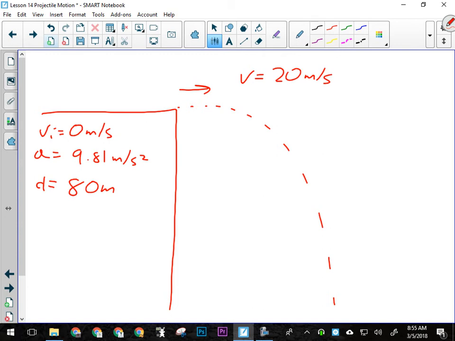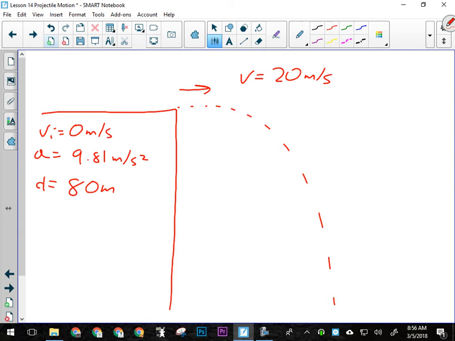What are some things I could find right now, just with the information I have? I could find the time. If I can figure out how long they're falling for, is that also the amount of time they're traveling horizontally? Yeah, just like when we did the river questions. We had to figure out how long it would take to get across the river, because that's also how long they were moving down the river.